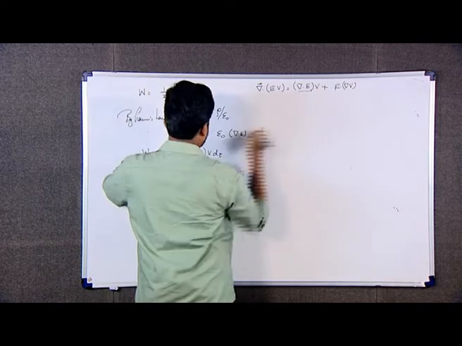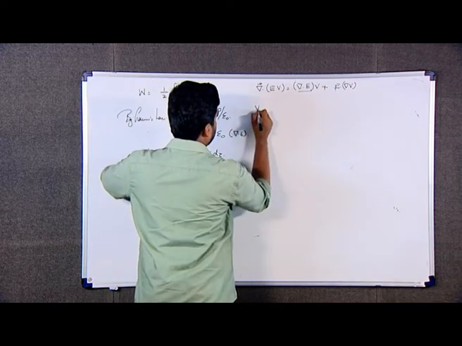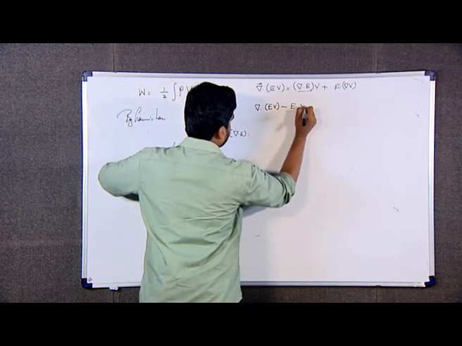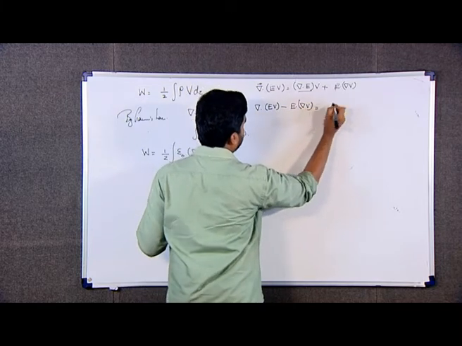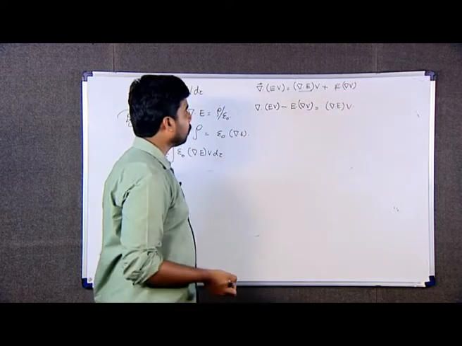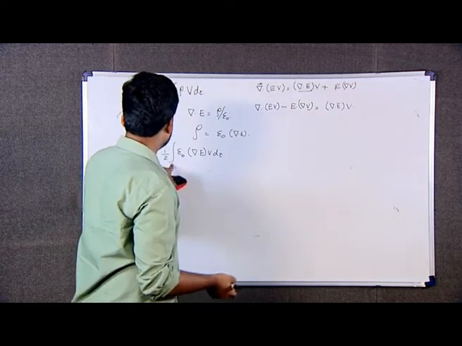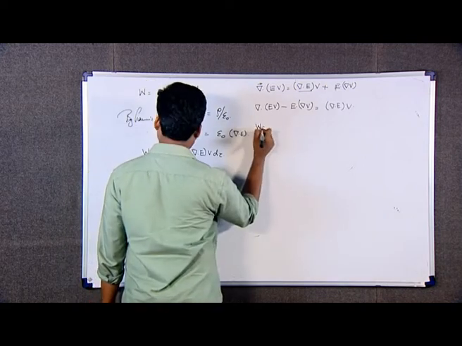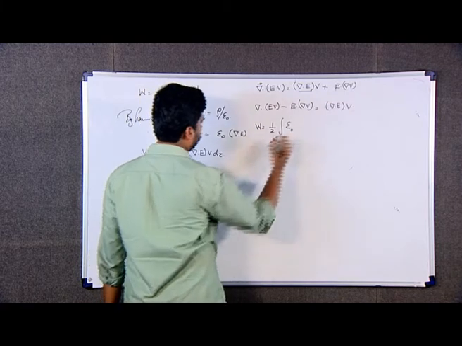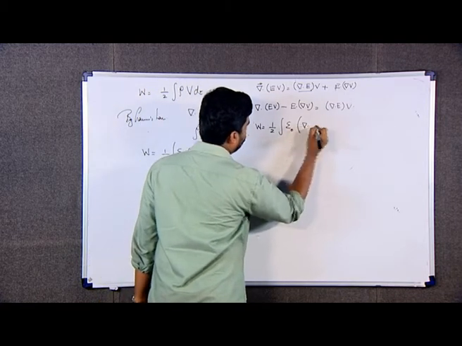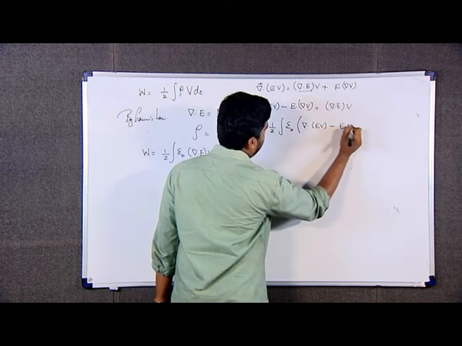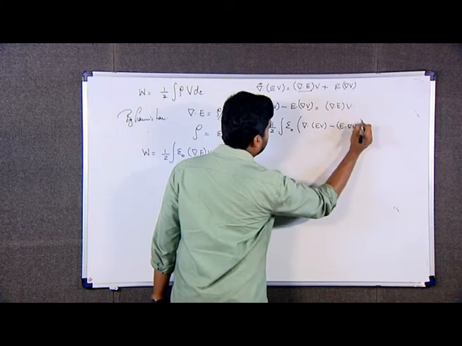Yes, here is that term. So, I will take this term: (del dot E) V is equal to del dot (E V) minus E dot del V. So, I can substitute here W is equal to half into integral epsilon 0 into [del dot (E V) minus E dot del V] d-tau.